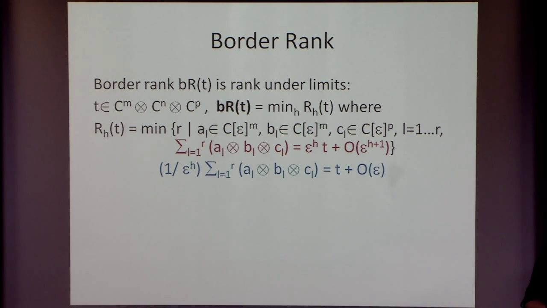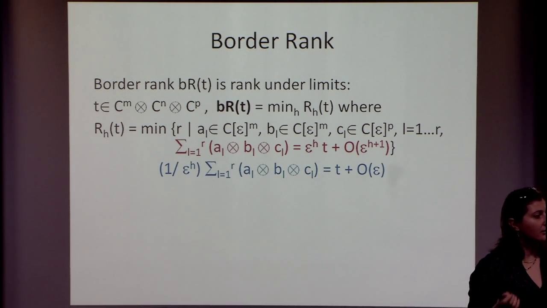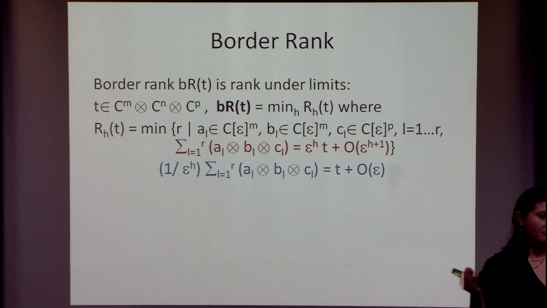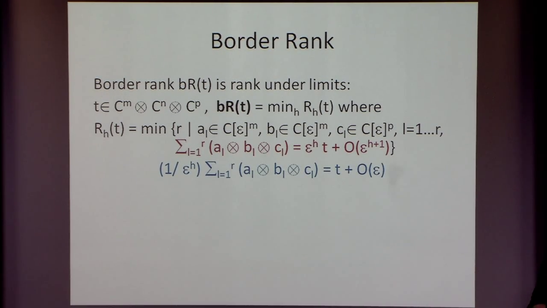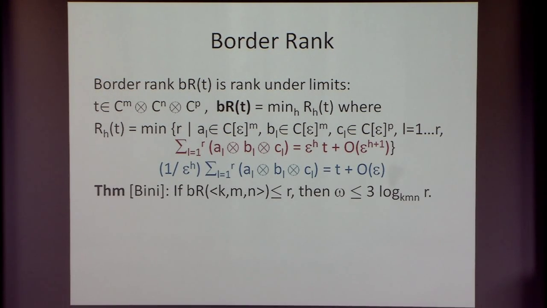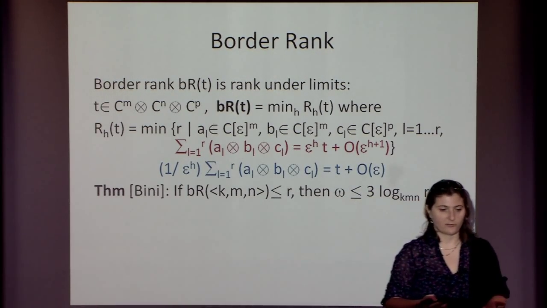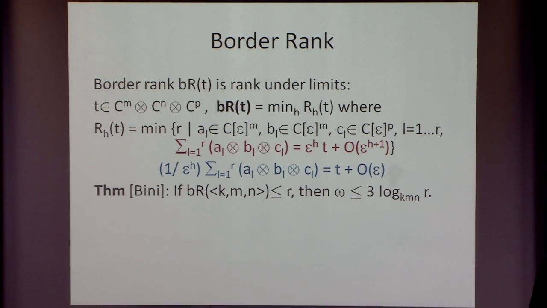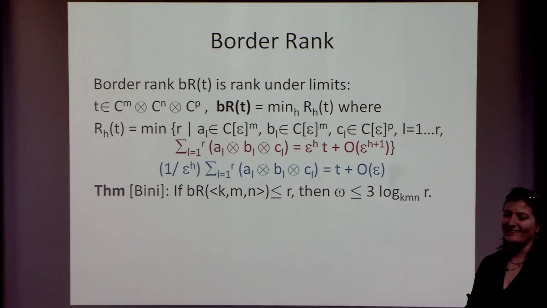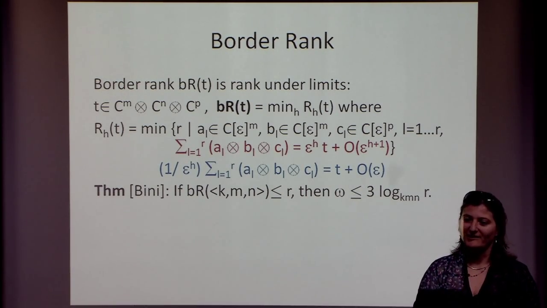And why do we care about this? Well, it turns out that the border rank can be much less than the rank of a tensor. And moreover, Bini showed that with respect to matrix multiplication, border rank is just as good as rank. How much less could the border rank be? Well, we don't know, but it can be half of it.